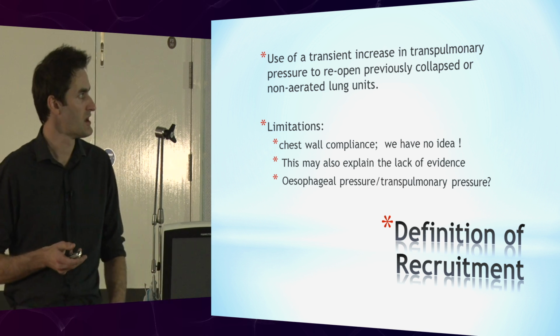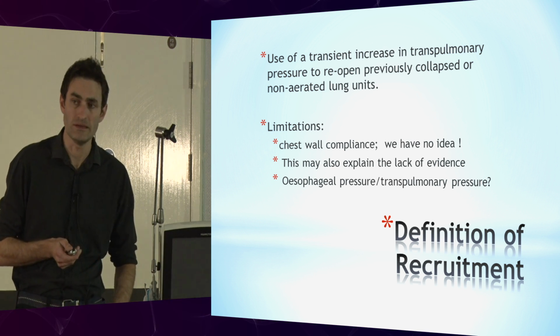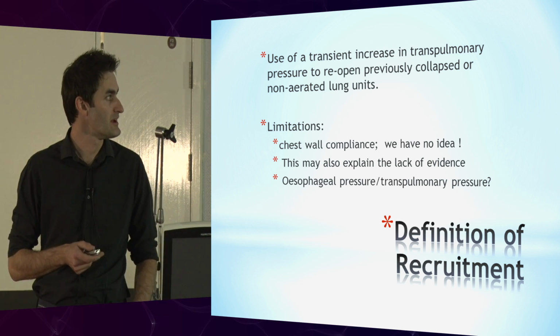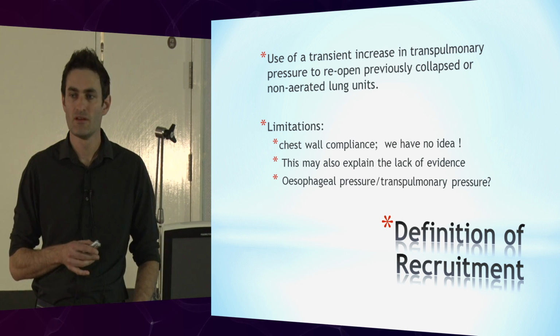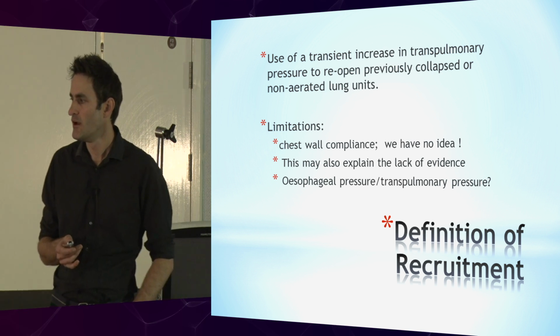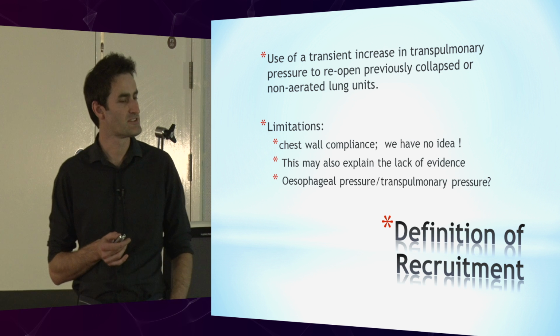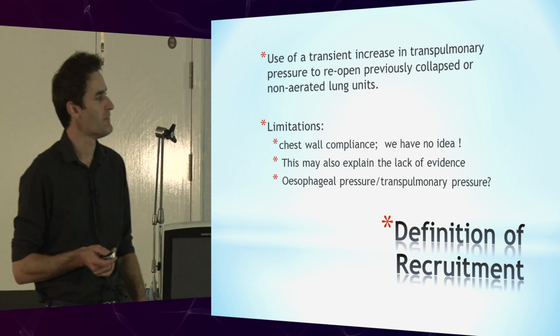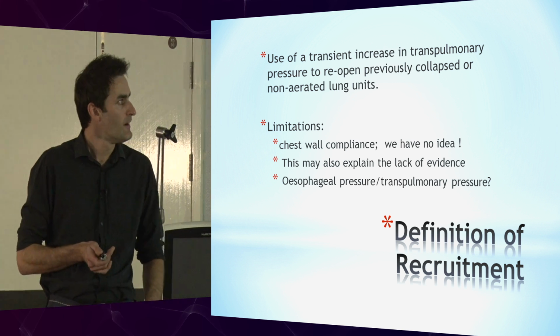A bit difficult to know. So possibly that may go some way to explaining why at the moment there is not, shall we say, a robust body of evidence when you start talking about recruitment. There's certainly an emerging body of evidence, I think it's fair to say. We'll talk a little bit about that in a moment.